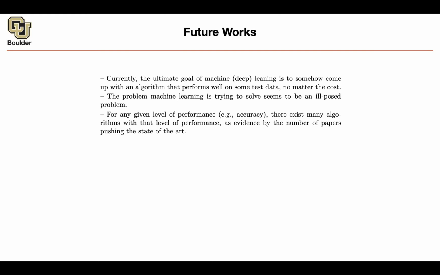We are getting a higher level of performance. It means that there exist many algorithms that are going to give you that level of performance and above. That's just evidence. Let's forget about choosing appropriate metrics.